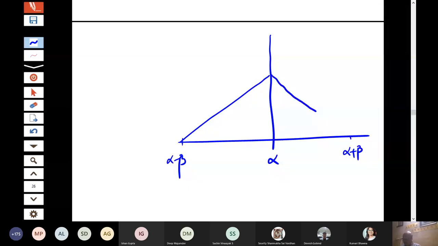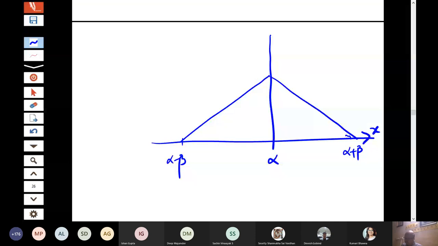So this is a perfectly symmetric distribution. So the expectation will be alpha, and of course the median is also alpha.